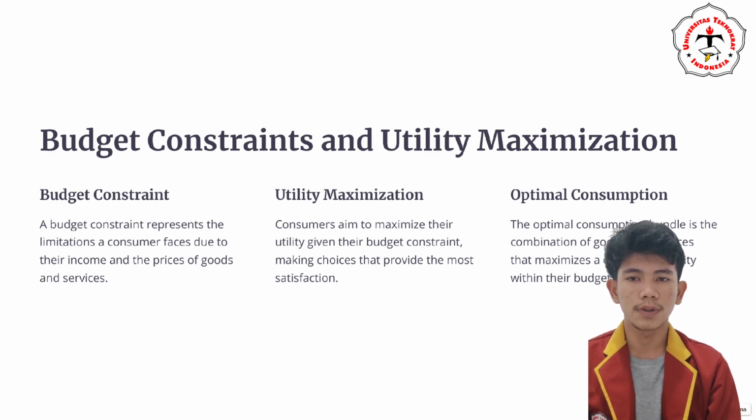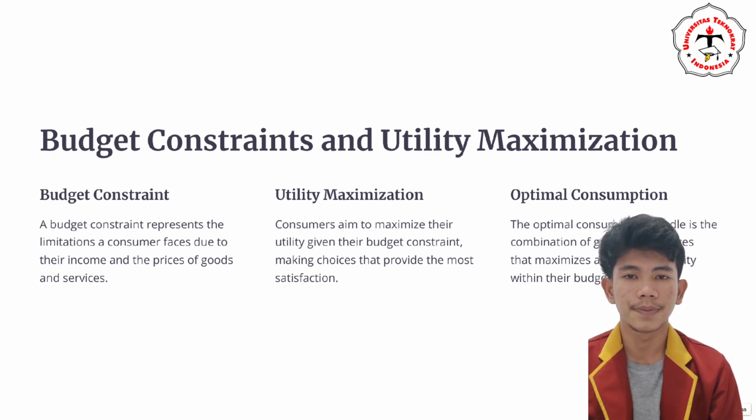Optimal consumption. The optimal consumption model is the combination of goods and services that maximizes a consumer's utility within their budget.